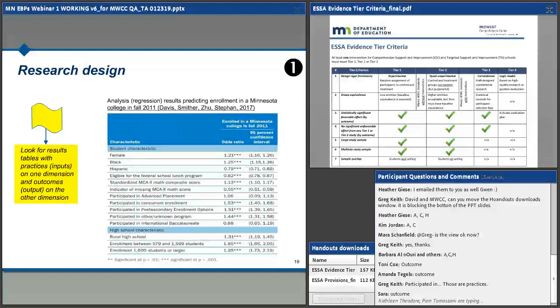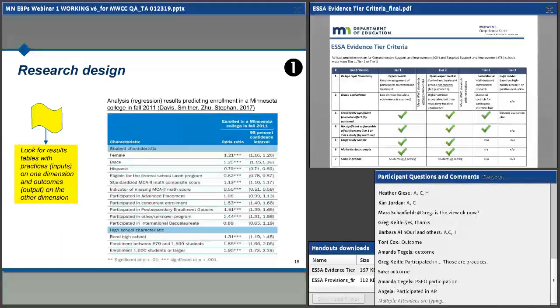So if the outcome is enrollment in college, what would be something that happens before that that could be a practice? Something along the rows, in the rows specifically. What could be a practice?